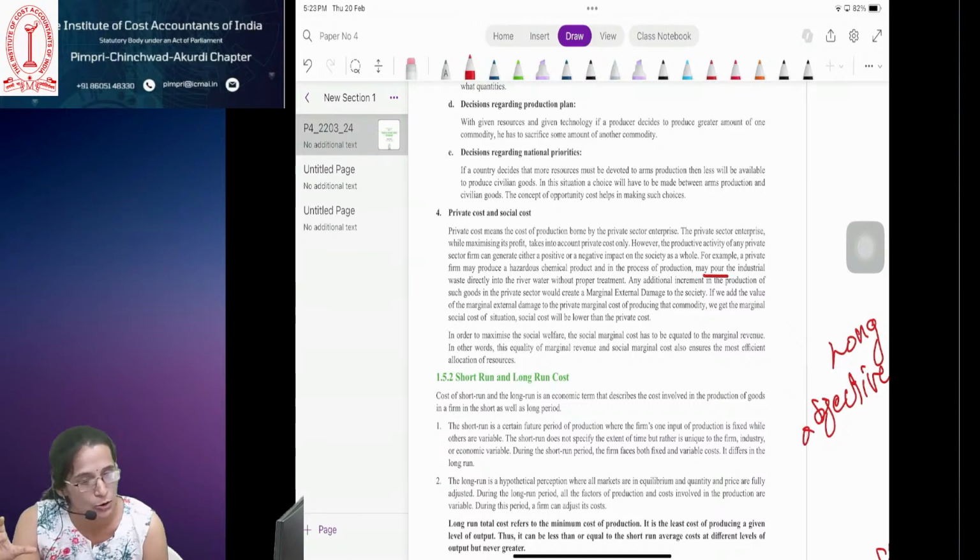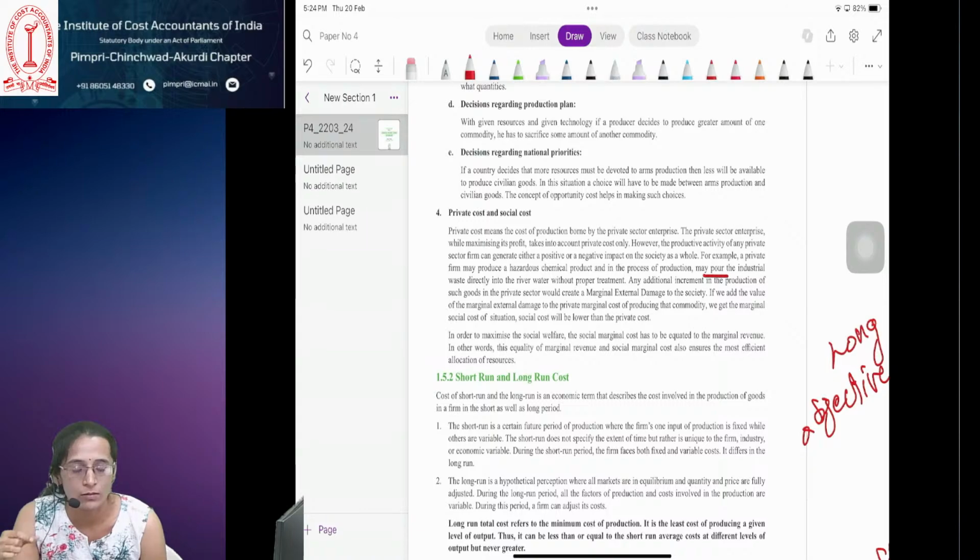The company should treat the chemical, if it is releasing it into the river, it should ideally clean it up so that it becomes less toxic, and then release it into the river so that the fish and the species in that river do not get harmed, right? And the water also does not become that toxic, right?